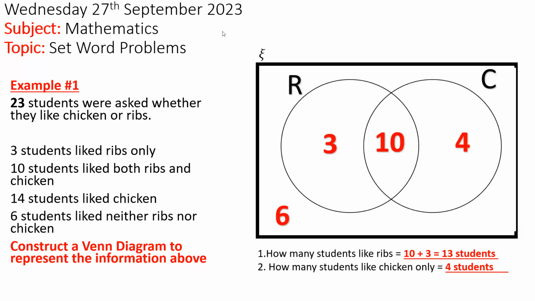Ajani, how many students like ribs only? 3. 3, very good. Aaliyah, how many students like ribs and chicken? 10. 10, very good. Anastasia, how many students like ribs and chicken? 10.